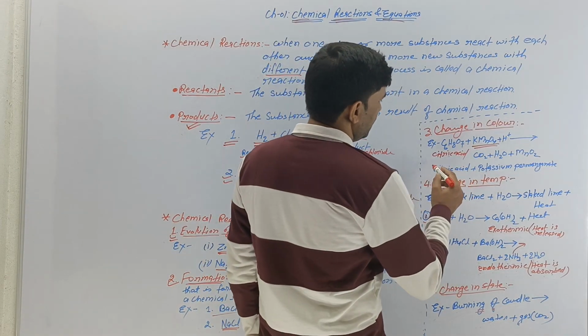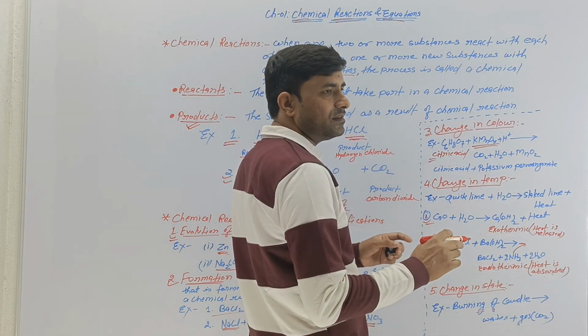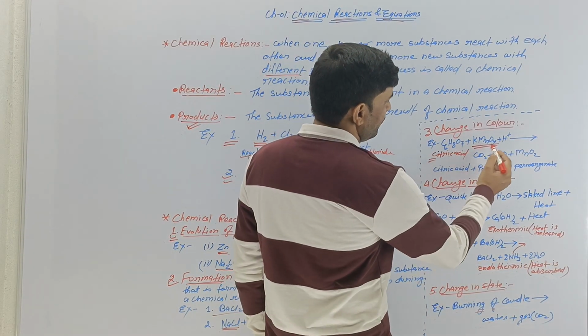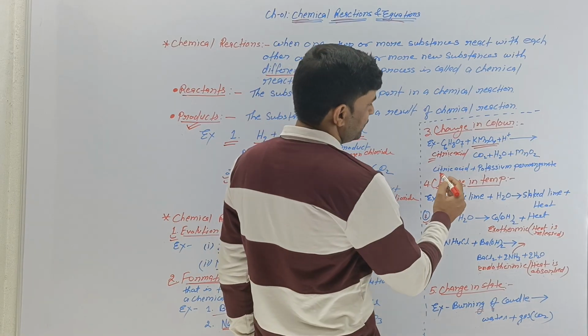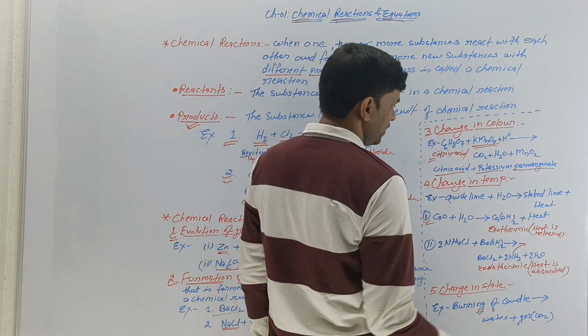So we can say that in this reaction the color has changed. Citric acid plus potassium permanganate is the example of change in color.